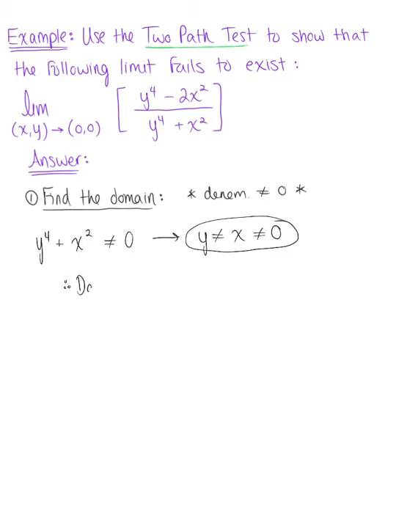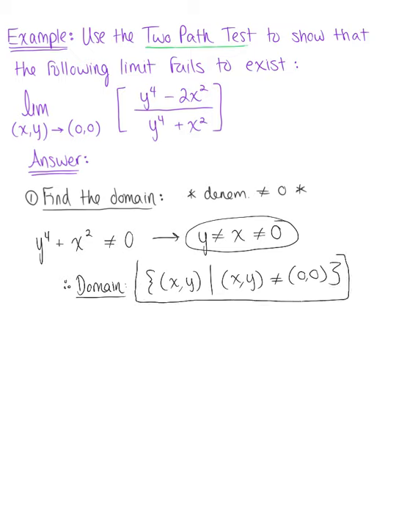So our domain is the set of all ordered pairs (x, y) such that (x, y) cannot be equal to the origin. If x and y are both equal to 0 at the same time, we would get a 0 in the denominator, which is what we don't want. So we've noted our domain.